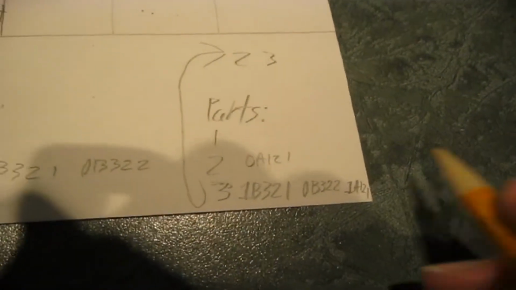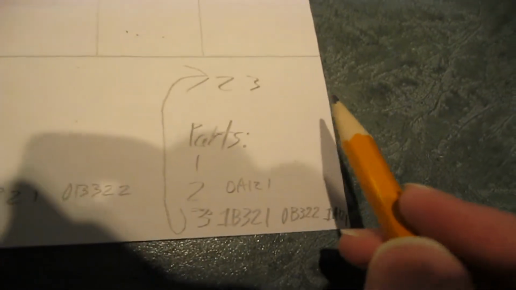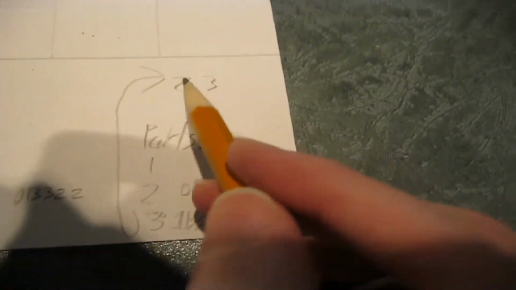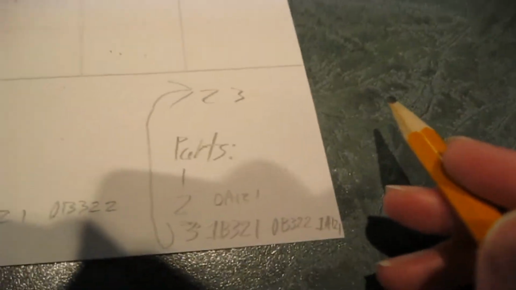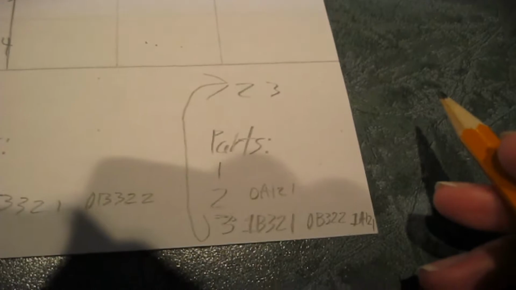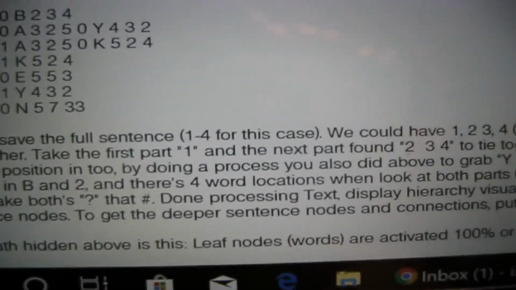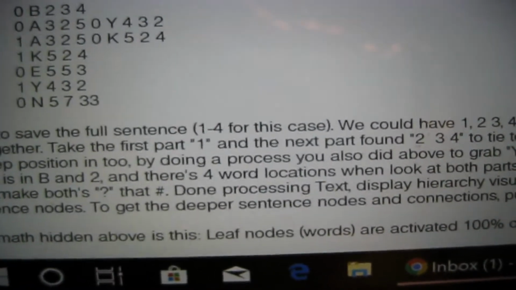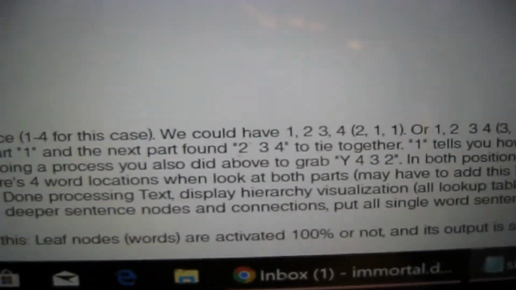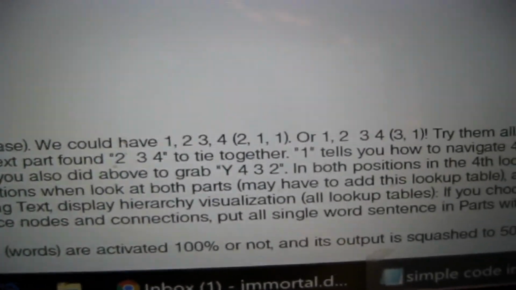And then you want to take 2 parts at a time and tie them together. Now you have here 1, 2, 3, and 2, 3. You want to actually find the biggest combo, which is going to be like, say, you have a sentence that's 1 to 4 word locations in sentence, and you want to make that a sentence. So you take two parts at a time to tie together.